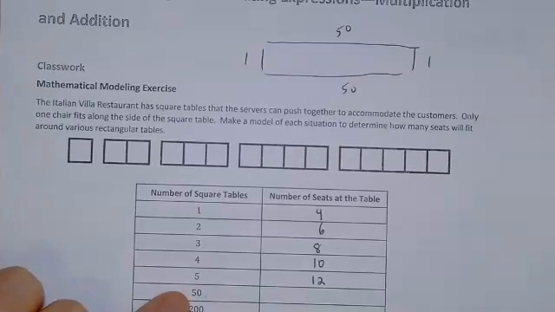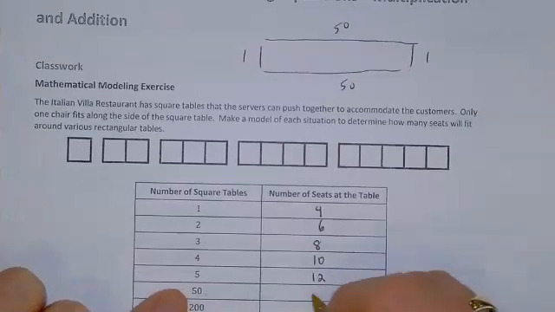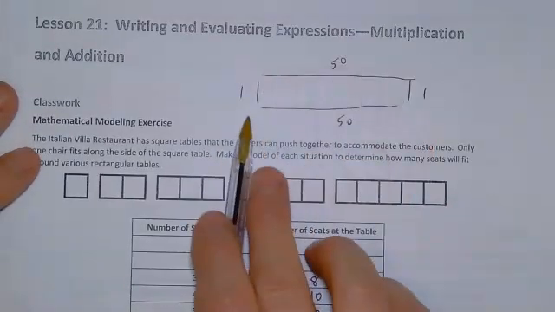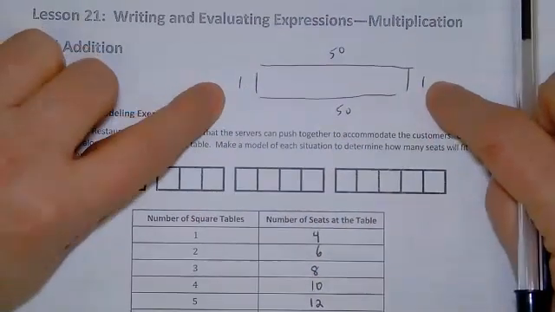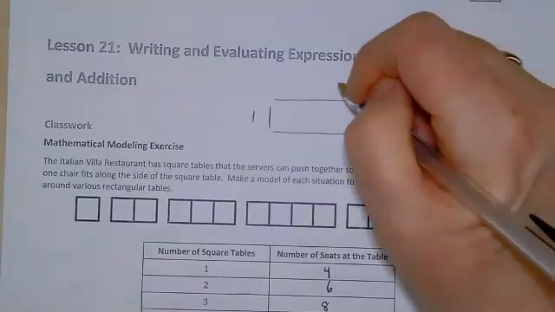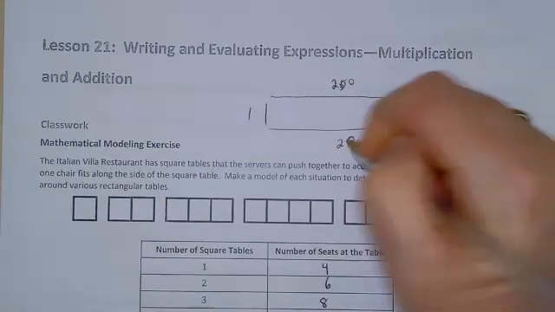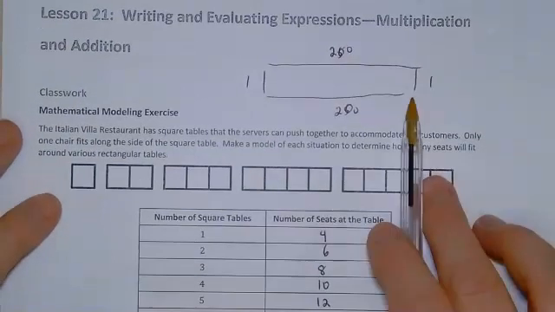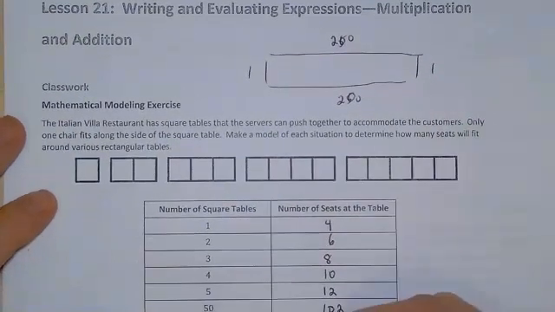Tyler? 102. 50 here, 50 here, and 1 on each end, right? What if I change this to a 200? Katie Hall, how many seats? 402.